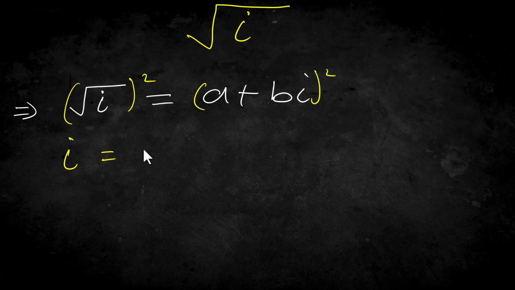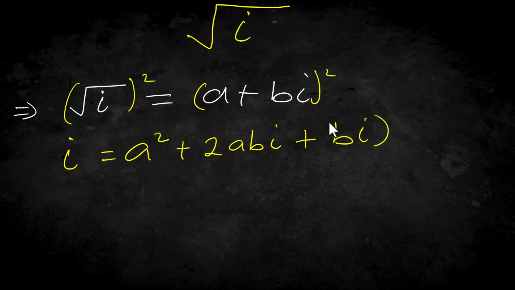So we have a squared plus 2abi, then this time that plus bi all squared.